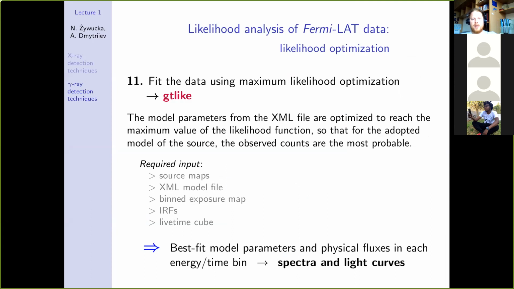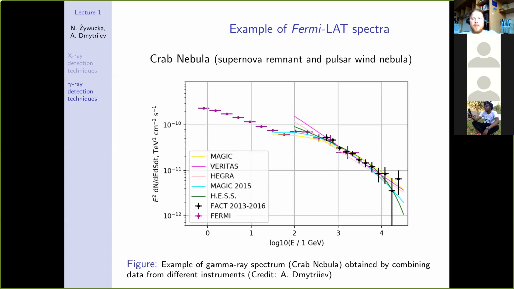Like this, based on these best parameters, we get the physical fluxes in each bin of energy or time and get our spectra or light curves. This is the final step of the analysis. So we have this output, and this is the information we are interested in.